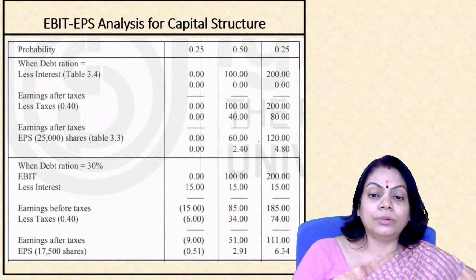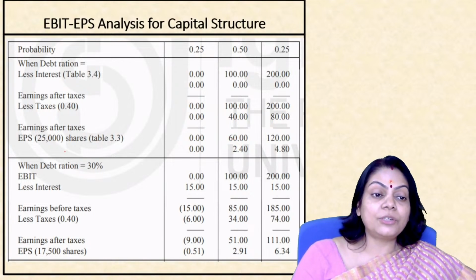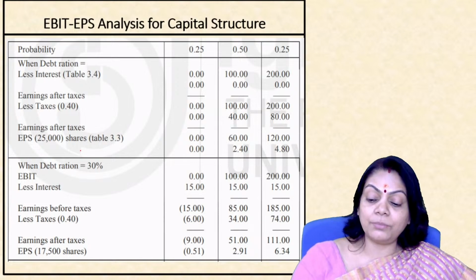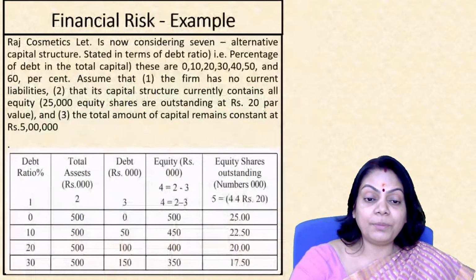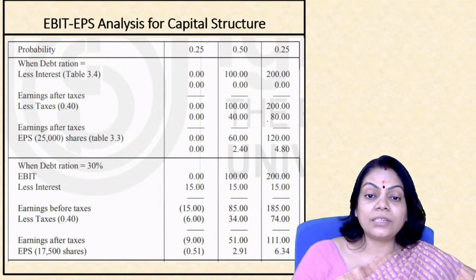The taxes are charged at the rate of 40%. So your EPS is the net profit divided by the number of shares. The number of shares we have picked up from the just previous table, the equity shares, and we have used them here. So my EPS is the earning after the taxes have been deducted, 40% tax. This is my net profit.